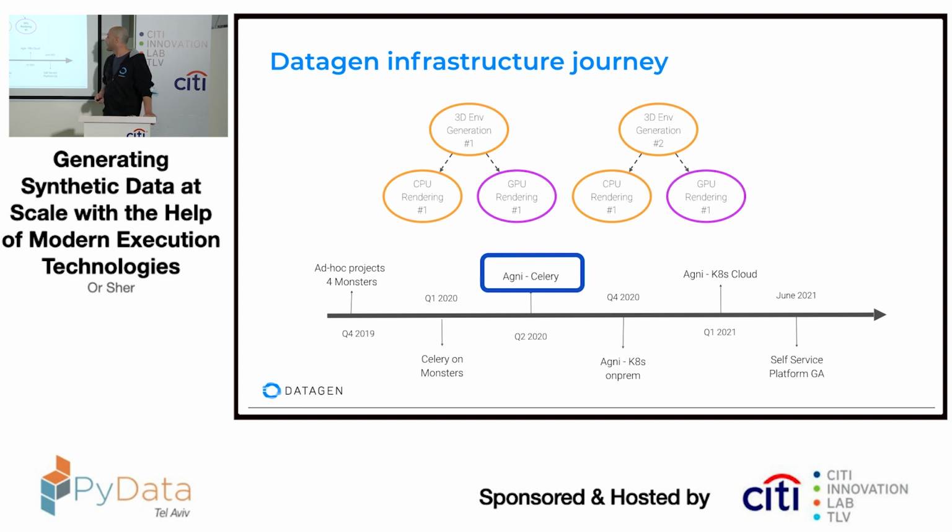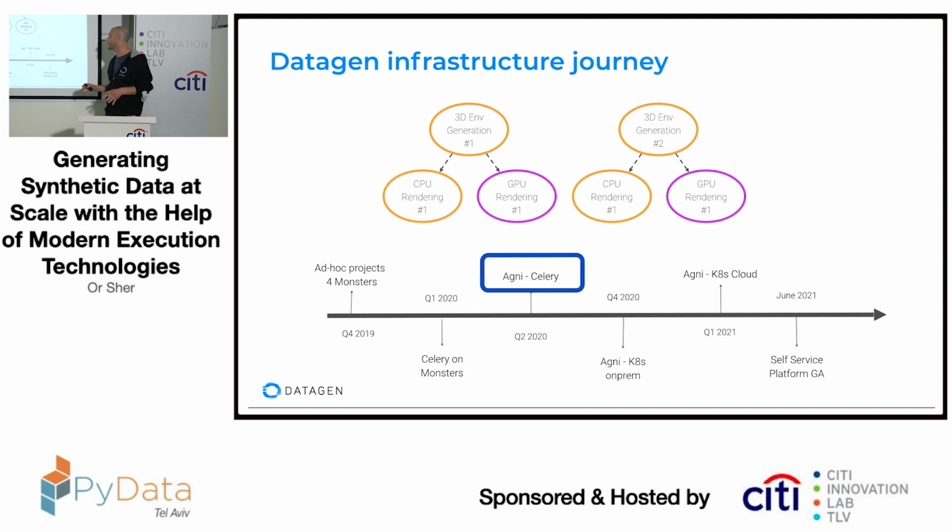So a few months later, we started to create our own workflow management system. We called it Agni. It's an Indian god that was responsible for passing messages between the other gods or something like that. Shai is the one responsible for that name. Now we did things better.